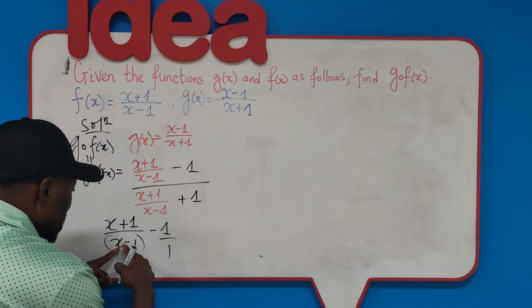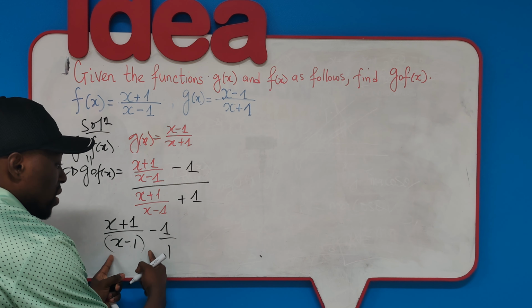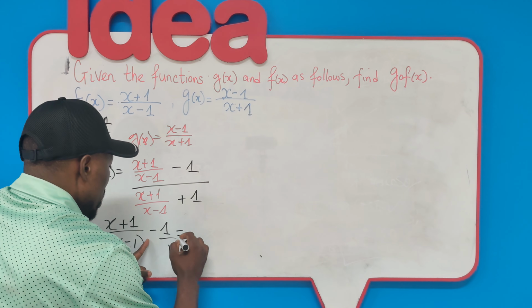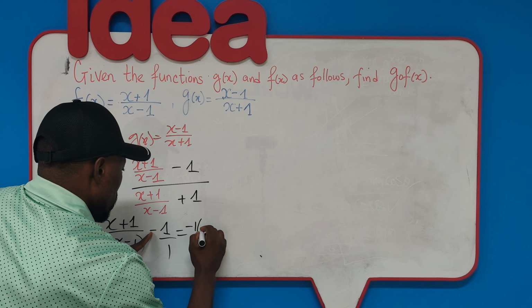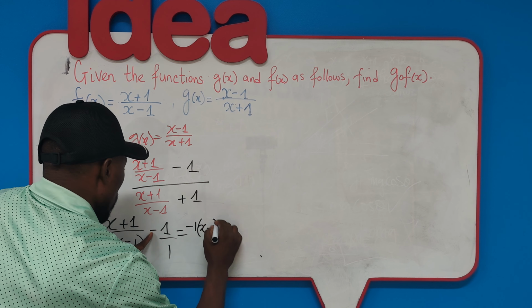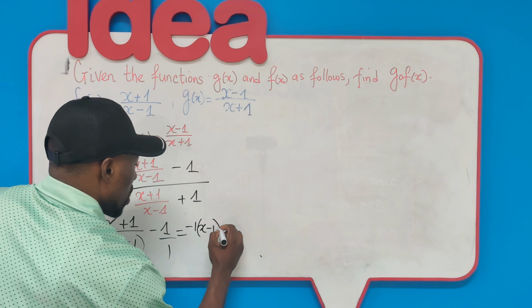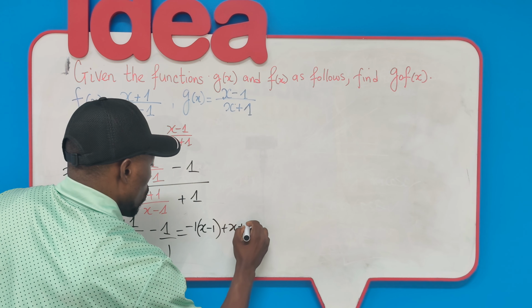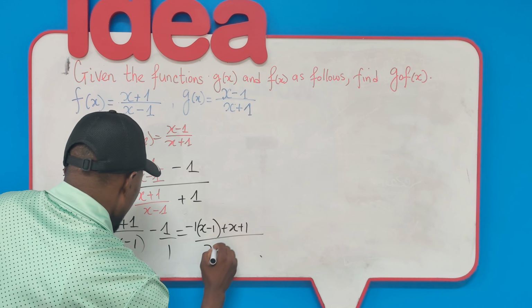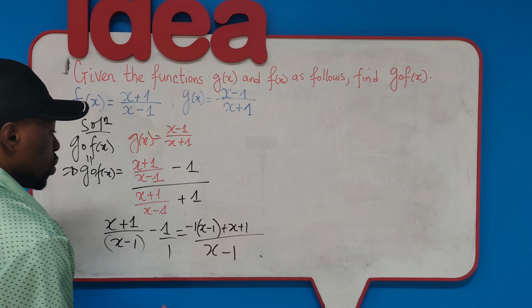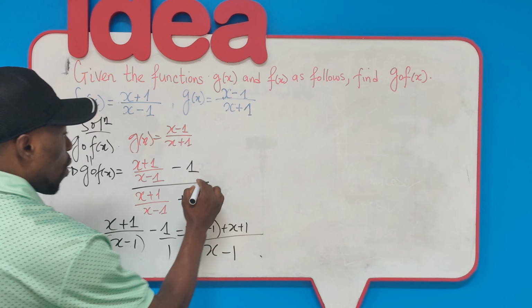So x minus 1, all of this times minus 1, so minus 1 into x minus 1, and then plus x plus 1, all of this divided by the denominator of the first fraction, x minus 1. So this is what all of this numerator here boils down to.